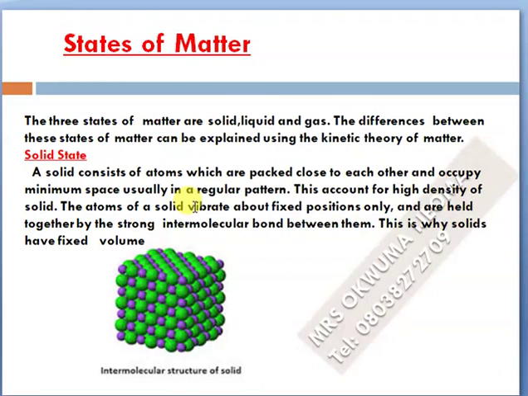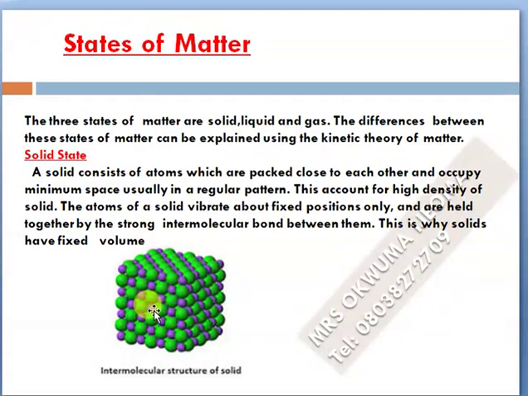Because they are closely packed together, on heating their motion is just vibration, at a fixed position only. Another one, they are held together by strong intermolecular bonds between them. The molecules of this solid are strongly bound together because they have strong intermolecular forces of attraction binding them together.